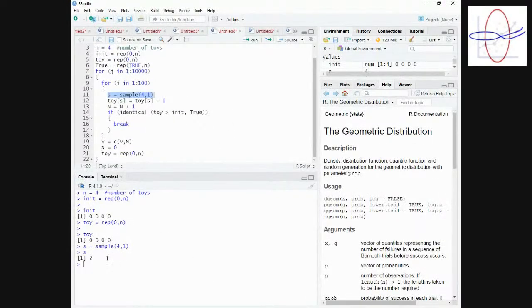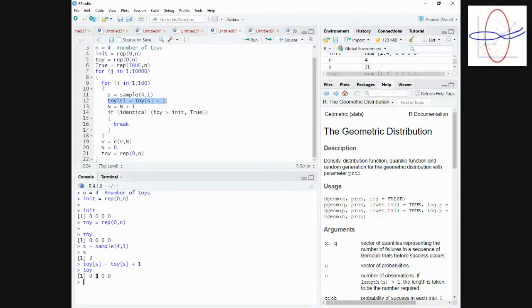So we are taking a sample and checking which toy we get first. We are getting 2, right? So the toy is the second number, and in the toy vector, the second entry gets +1.